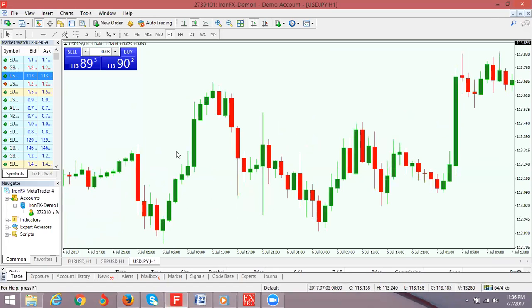Anything green you see is a bull candle, and anything red on the screen is a bear candle. All the green candles show buyer activity, and all the red candles show the activity of sellers. Yes, so let's continue.